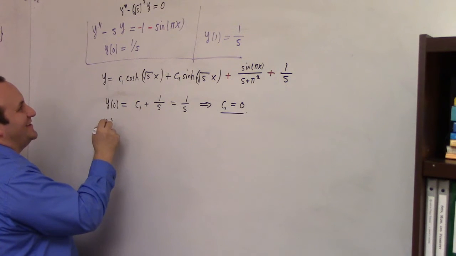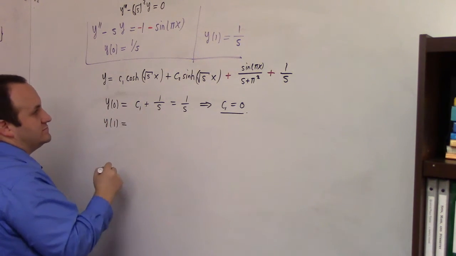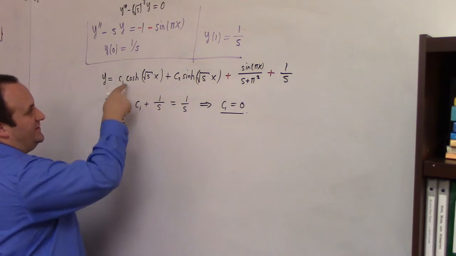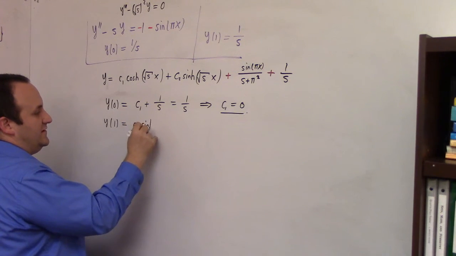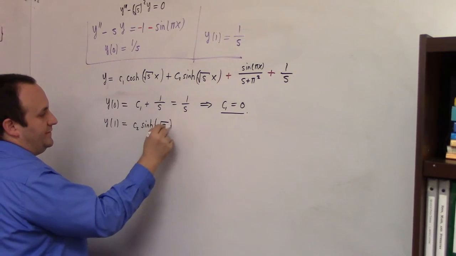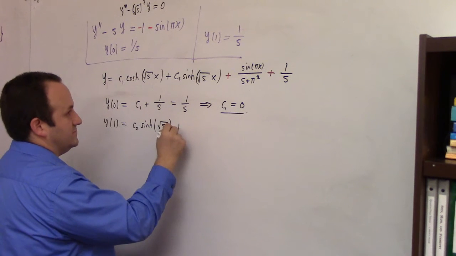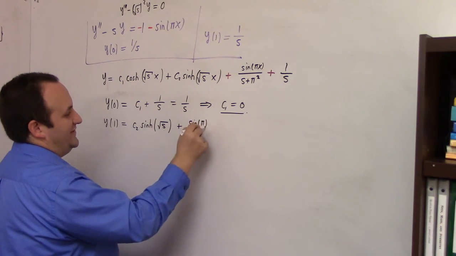On the other hand, y of 1. Now this one's going to be less fun. Well, this term is already gone, so we just have C2 times sinh of square root of s, plus the sine, oh, sine of pi.